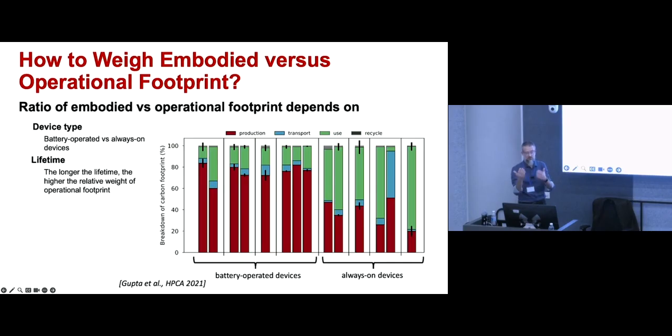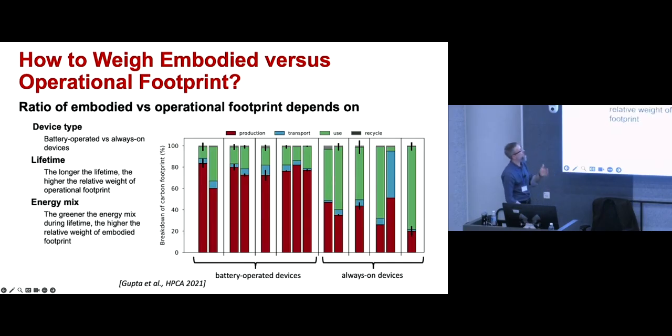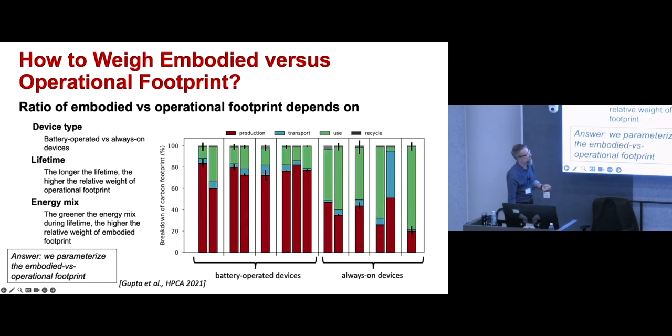So this relative weight also depends on lifetime, and obviously the energy mix. If you're using a device in a country, say Norway, where you have lots of green energy, the relative weighting of embodied versus operational footprint will be very different compared to, say, India, where we have much more brown energy.